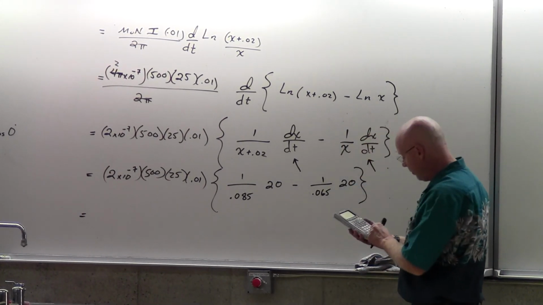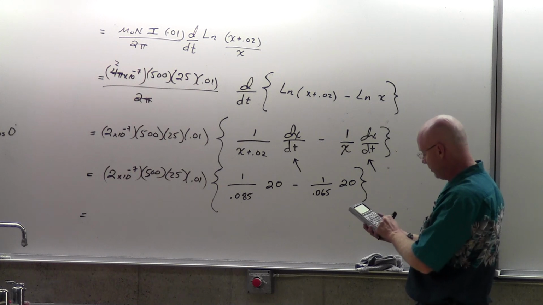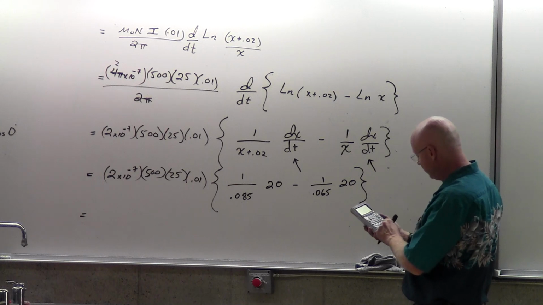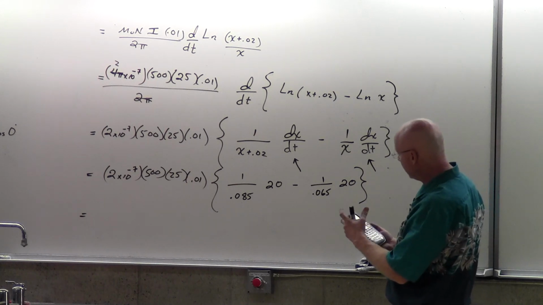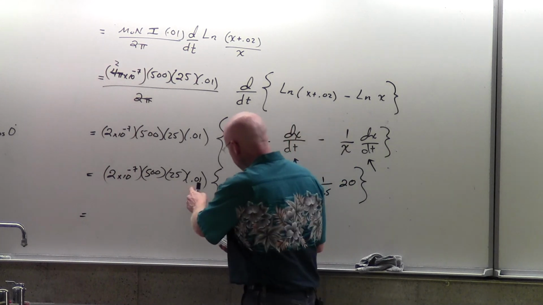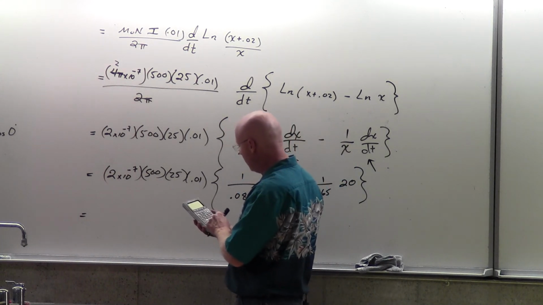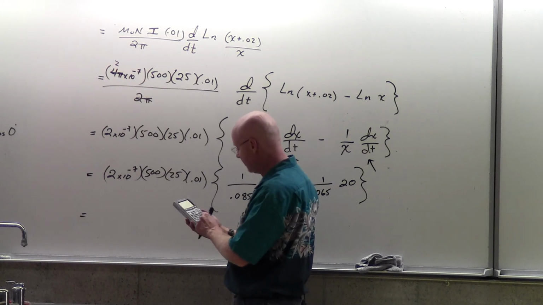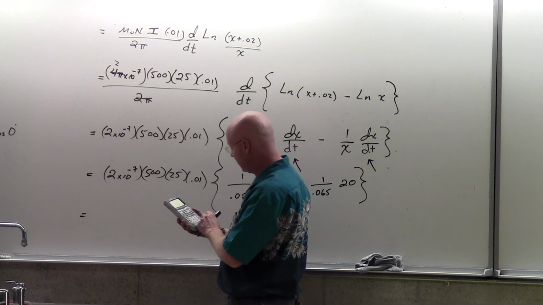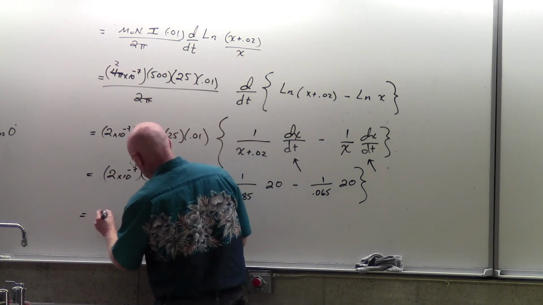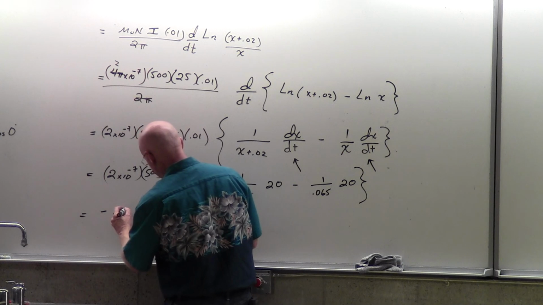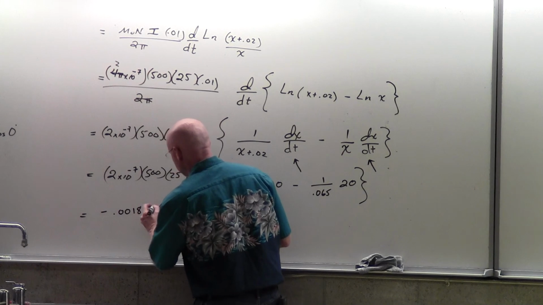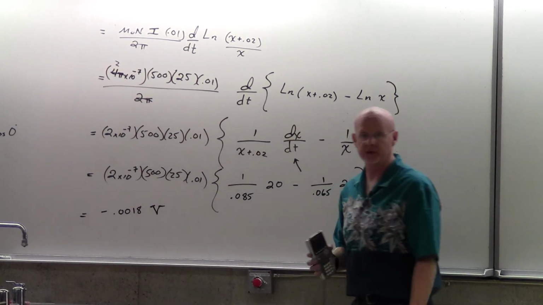So right here would be 20 divided by 0.085, then subtract 20 divided by 0.065, and so that's about a negative 72, then times 0.01, then times 25, then times 500, then times 2 times 10 to the negative 7 comes out to be negative 0.0018. And this must be the EMF in volts.